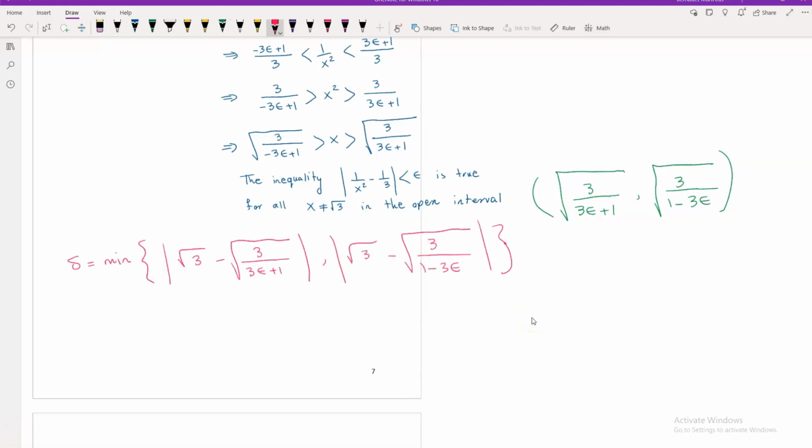So delta is the smallest distance between C and the endpoints in our interval. So delta is the minimum of absolute value of square root of 3 minus square root of 3 over 3 times epsilon plus 1, and absolute value of square root of 3 minus square root of 3 divided by 1 minus 3 times epsilon.